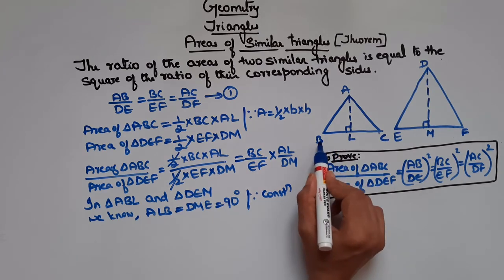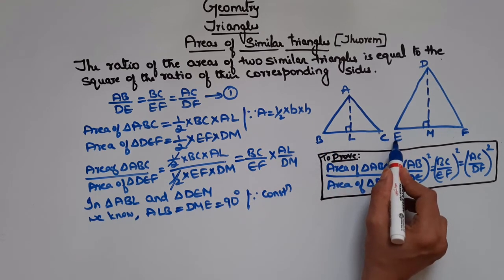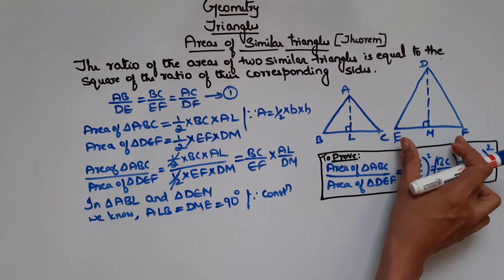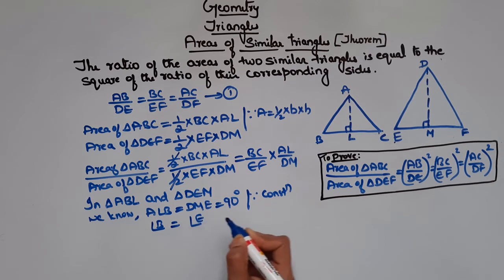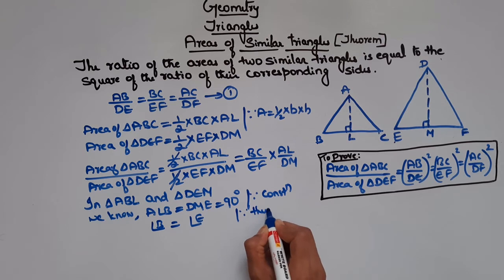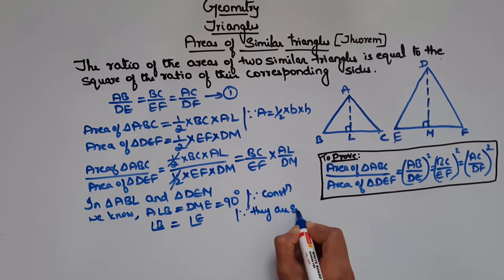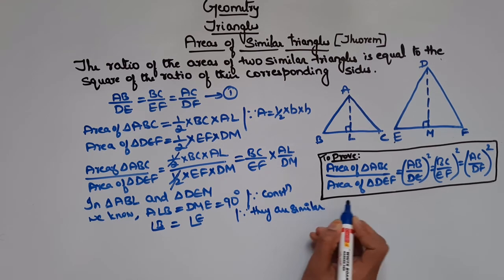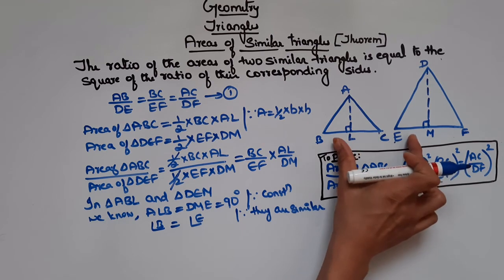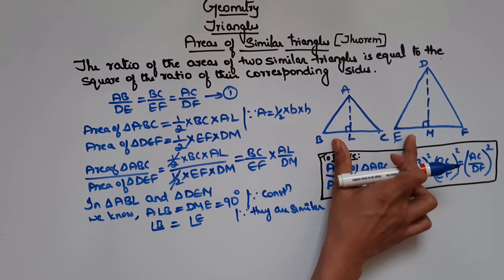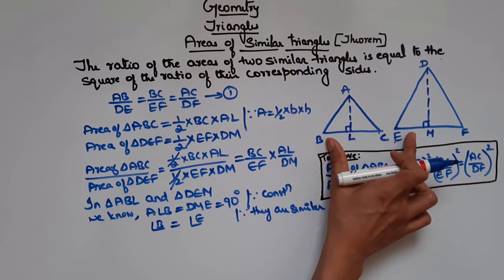Since by construction, we draw a perpendicular line. And also we know angle B is equal to angle E, since these two triangles are similar, which is given, right? So therefore by AA similarity rule, if two angles in two triangles are equal, that means we can say those two triangles are similar to each other.